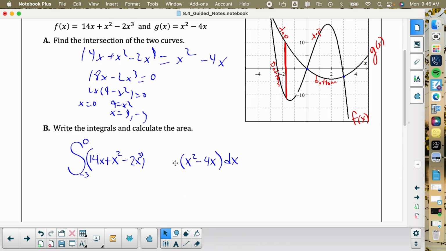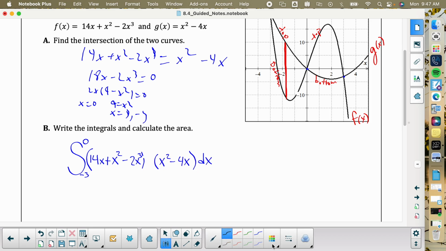This is gonna be the first integral. And the second one. Correct. So you don't do them all together, you do them separately. You could do them together, but most people don't. So this is the top equation, bottom equation. And then this whole integral.